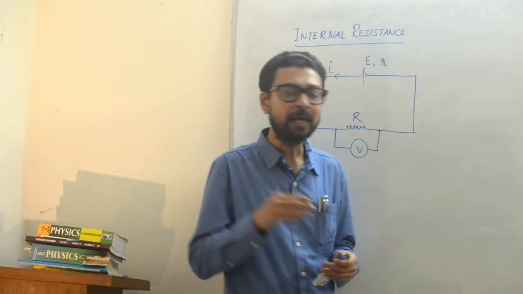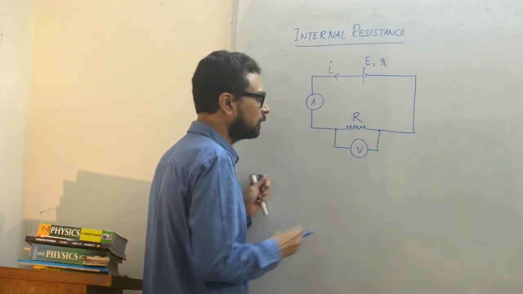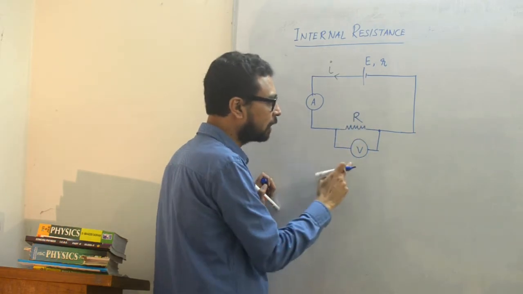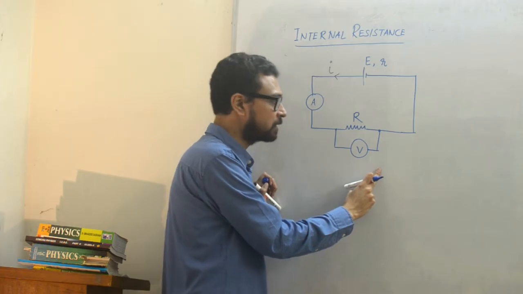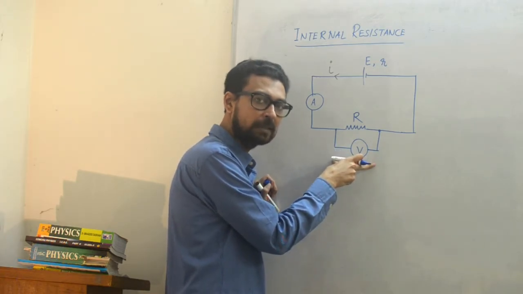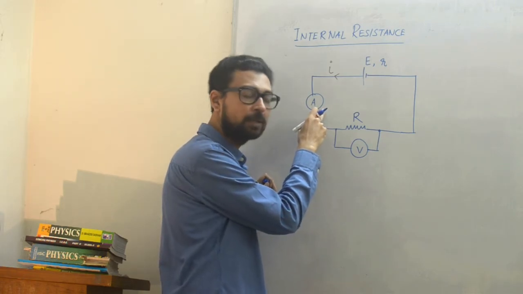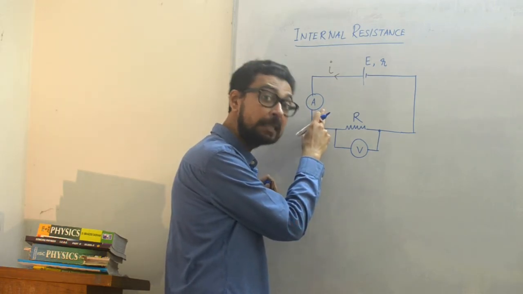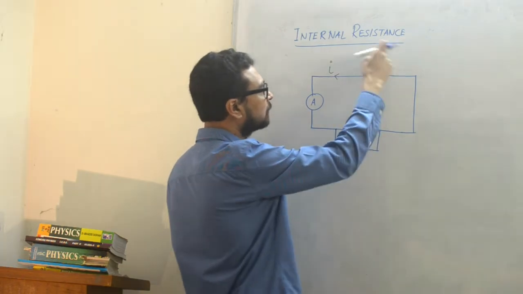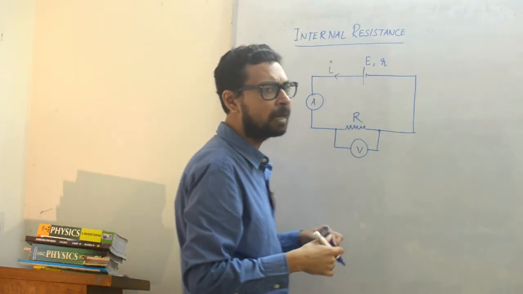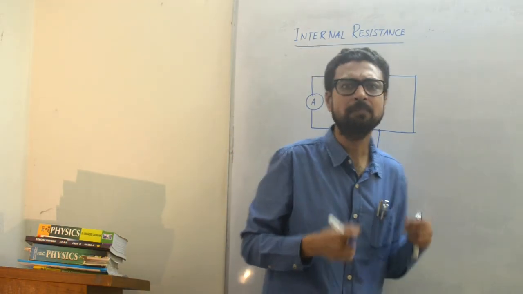Alright, so here we have to understand that the potential we obtain across this external resistance capital R is recorded in the voltmeter, which is always connected in parallel to the equipment, and the current flowing through the circuit we can measure in the ammeter, which is connected in series. And we have the cell having an EMF E, and suppose there is some amount of lost volt.